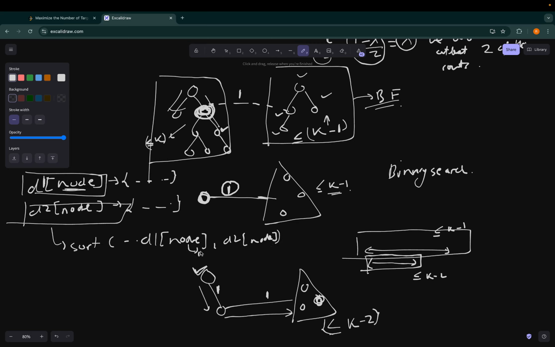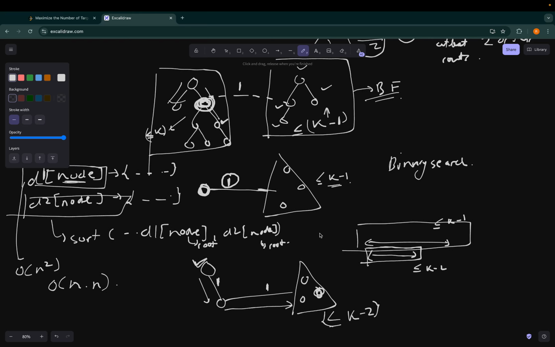So basically each of these nodes will act as a root, right? And this can be calculated in O of n square, number of nodes square, because for one node all the distances can be calculated in O of n. So for every node it can be calculated in O of n square, right? And you sort it and you just apply binary search on the nodes.